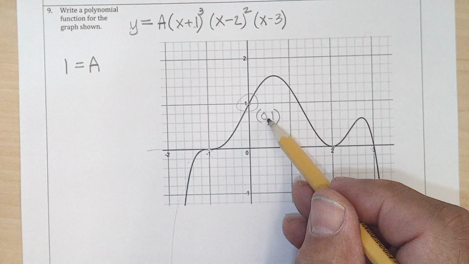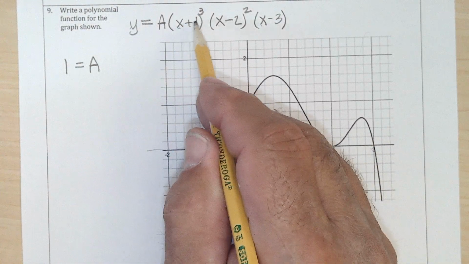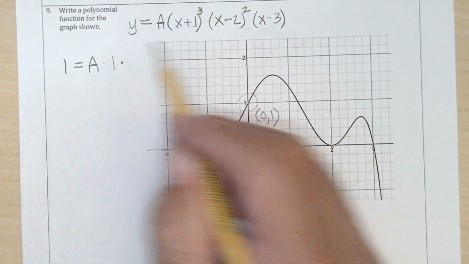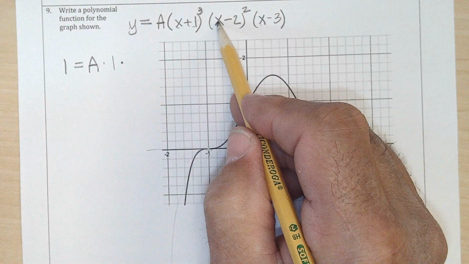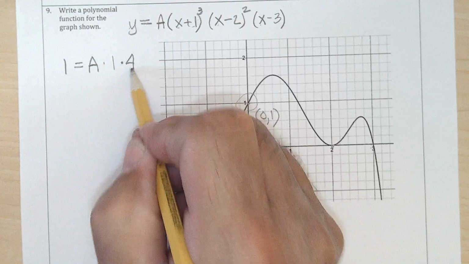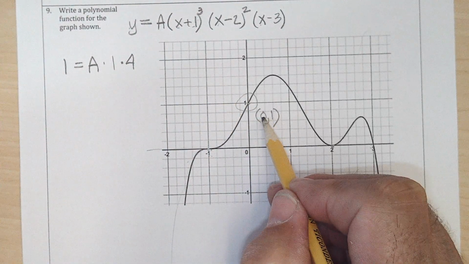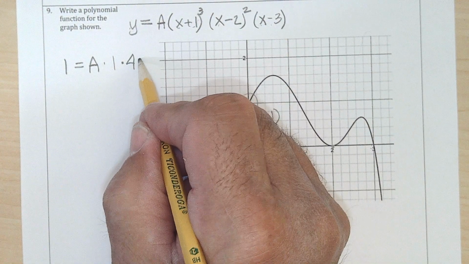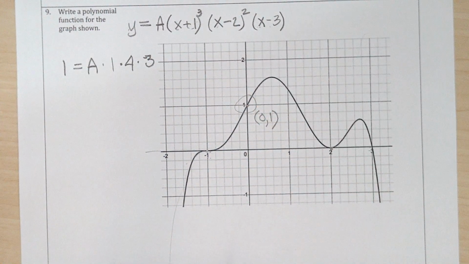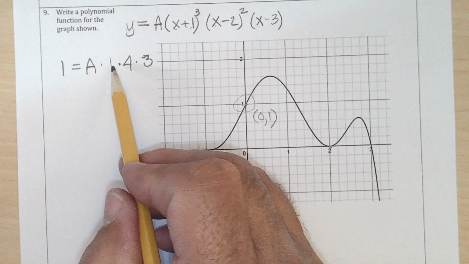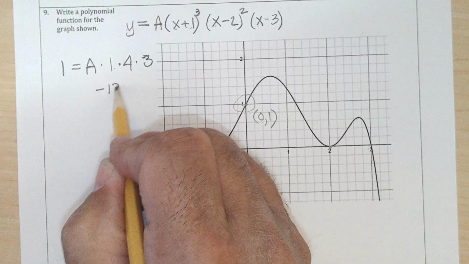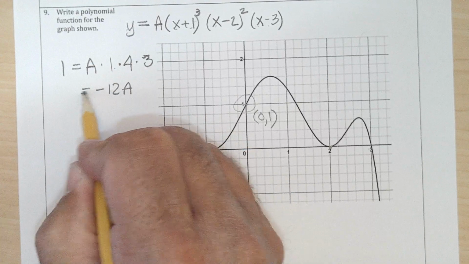And I'm going to put 0 in here, so I'm going to get 1 to the third, which is 1. Put 0 in for x here, and I get -2 squared, which is a positive 4. And if I put 0 in there, I get times a -3. So 1 times 4 is 4, times a -3 is -12, times a is 1.